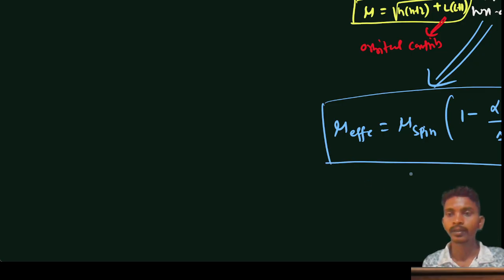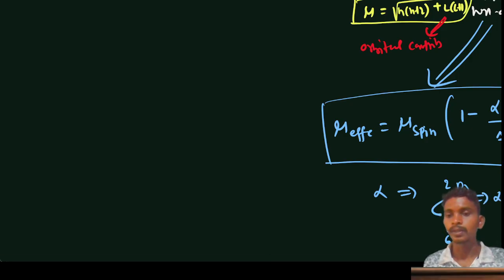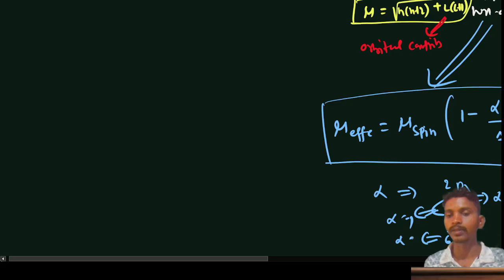And we know that this alpha value is, remember, D, F, D, S: this is 2, this is 3, this is 4, this is 5, 6. So for D, alpha is 2, for F, alpha is 4, and for S, alpha is 0.